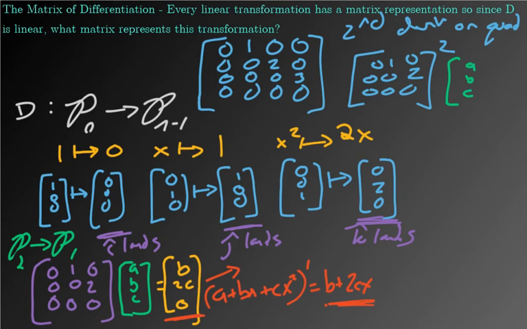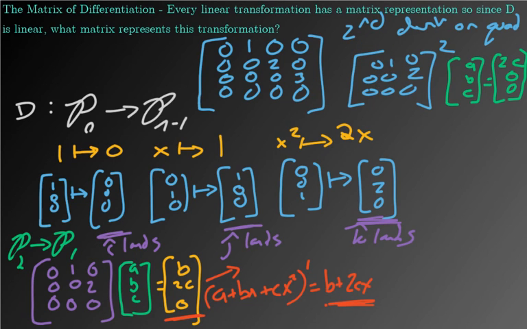I'm not going to do it out right now, but we know that if we take the second derivative of this, we should just get 2c. Sorry, I don't know how to take derivatives anymore. You get 2c there, and then you get 0, 0. If you multiply it out, you'll see it. If you square this, one application acts as one derivative, and the second acts as the second derivative.